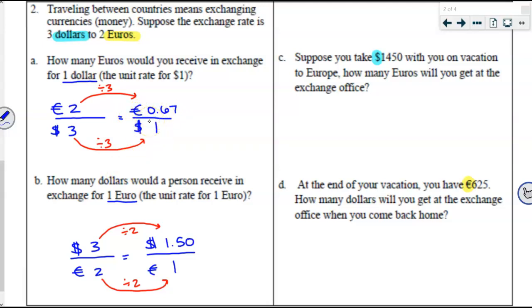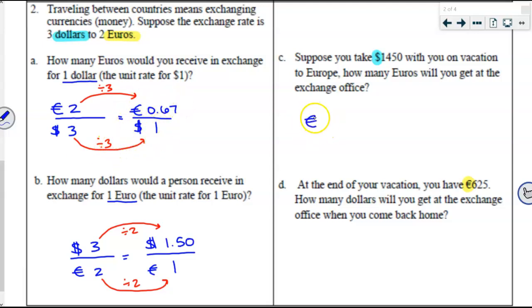So now, moving on to the next problems, C and D. Suppose you take $1,450 with you on vacation, $1,450. And that's what we take to Europe, and we go to that exchange office, and how many euros are we going to get back? I'm not going to start here at the very beginning. We found the unit rate for a reason. I'm going to start here with that unit rate.